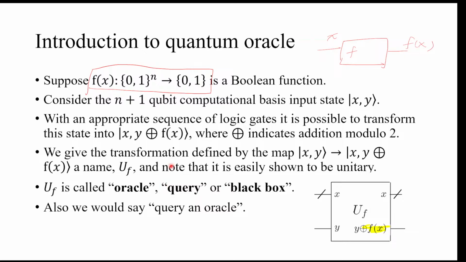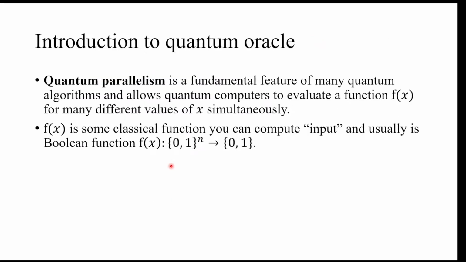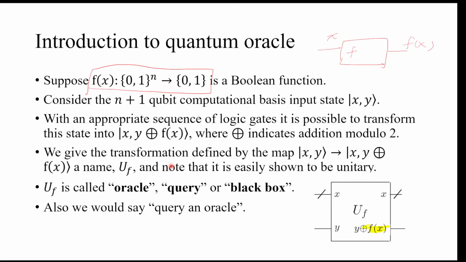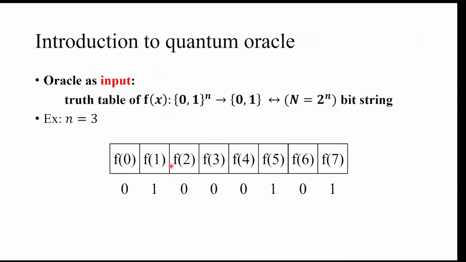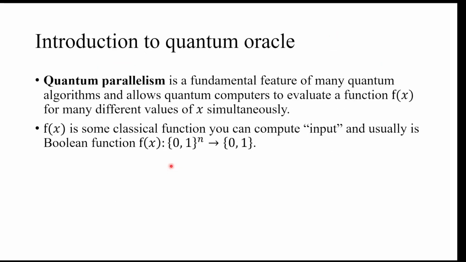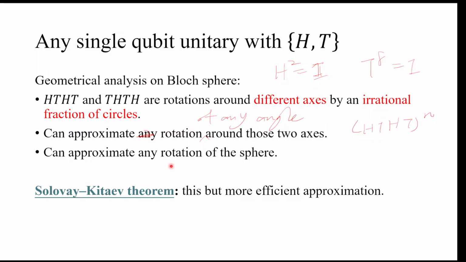So this is a quick version of quantum oracle. In the next half of our class, we're going to talk a lot about quantum algorithms with respect to oracles. We'll save that for after the midterm.